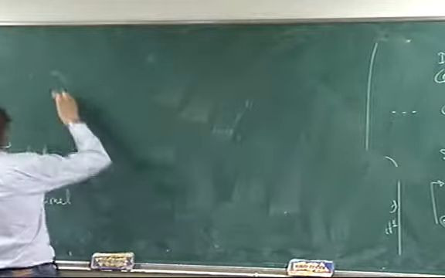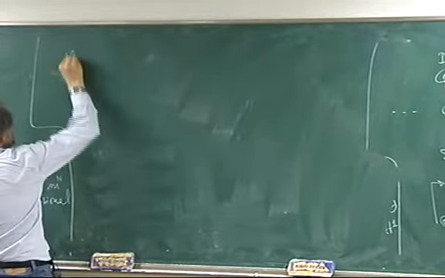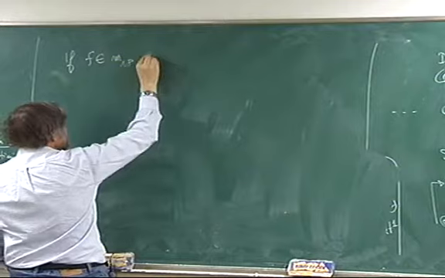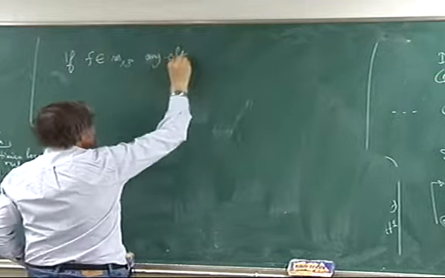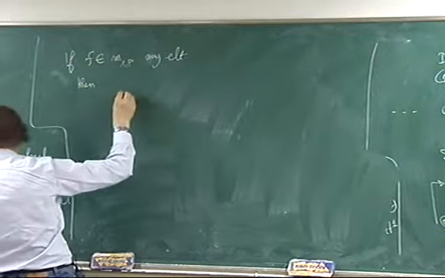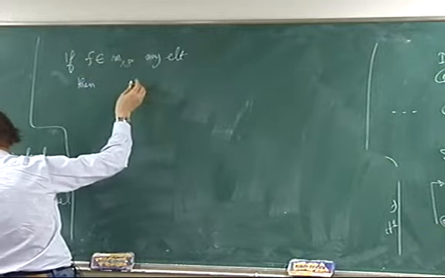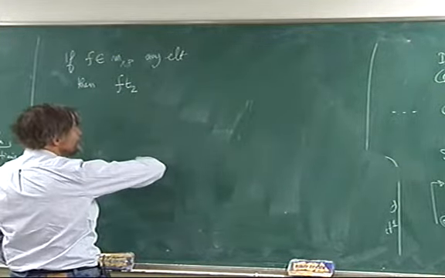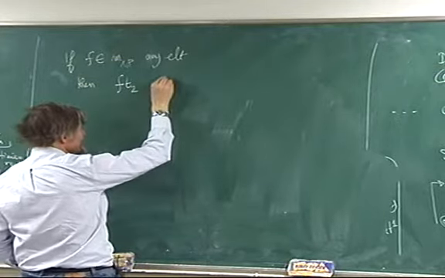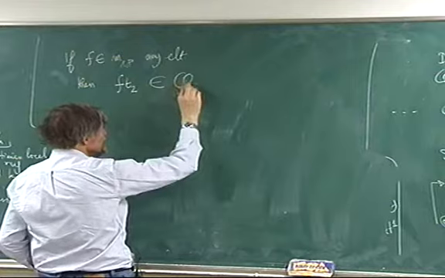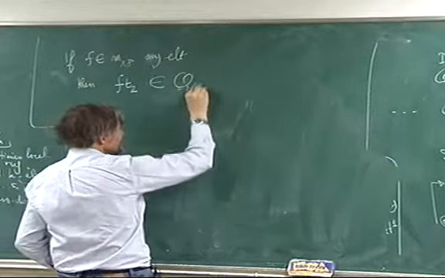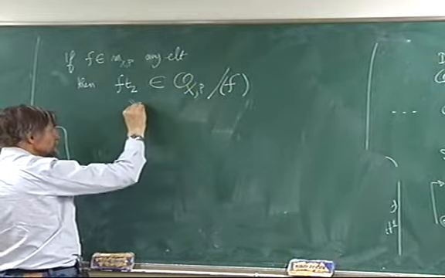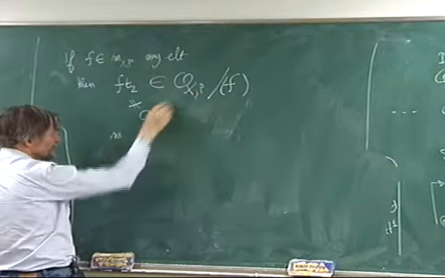So the conclusion is that if f is in the maximal ideal of X at p, any element, then f times this T2 is in O_{X,p} divided by f. It's not 0, but it is killed by the maximal ideal.